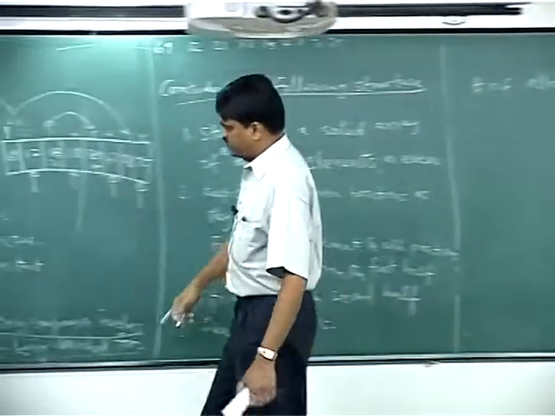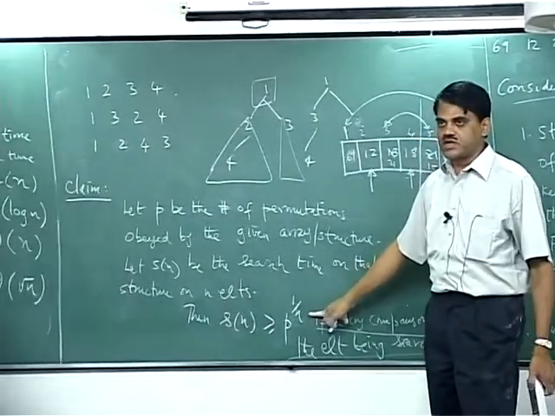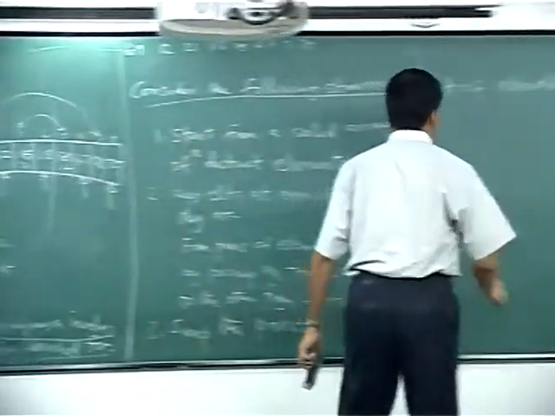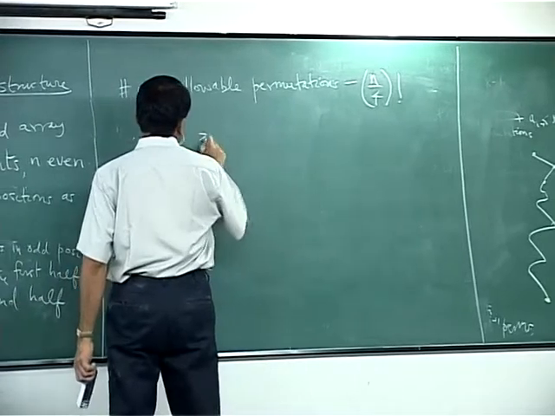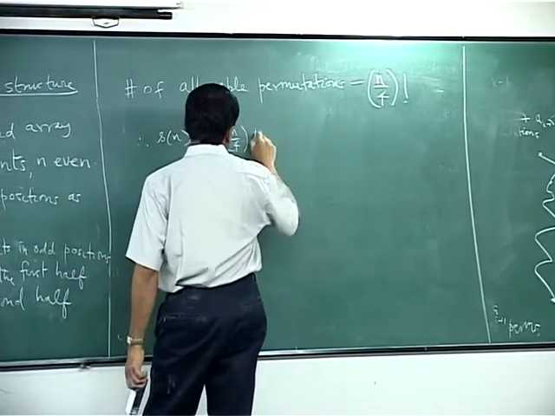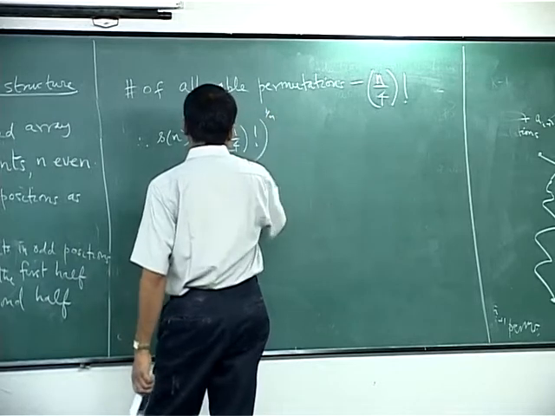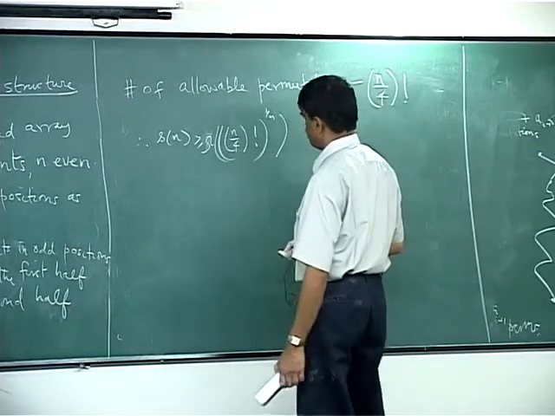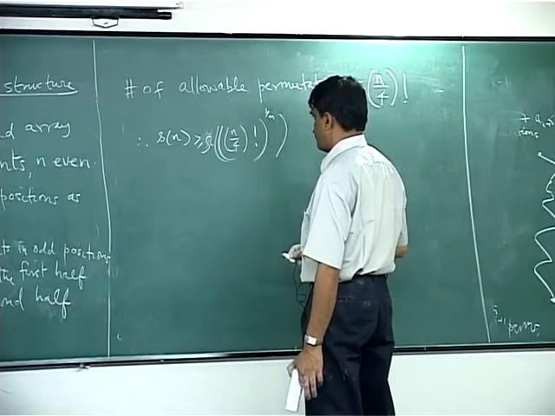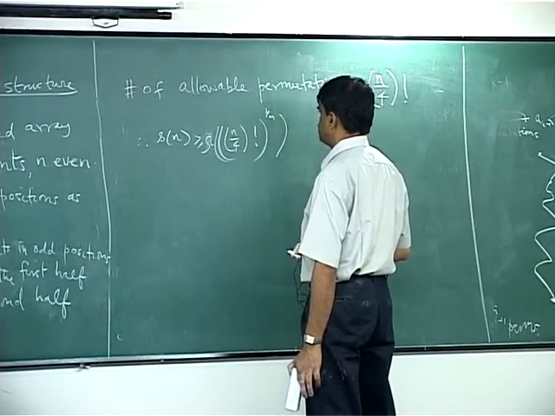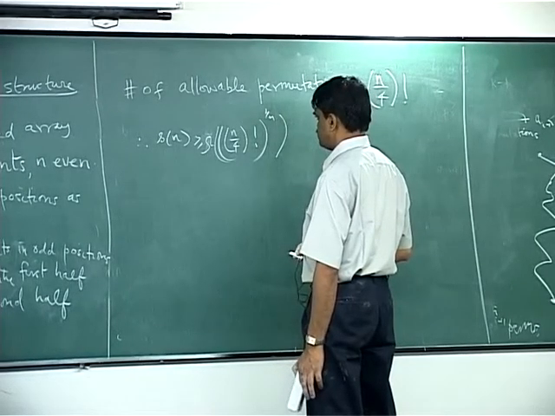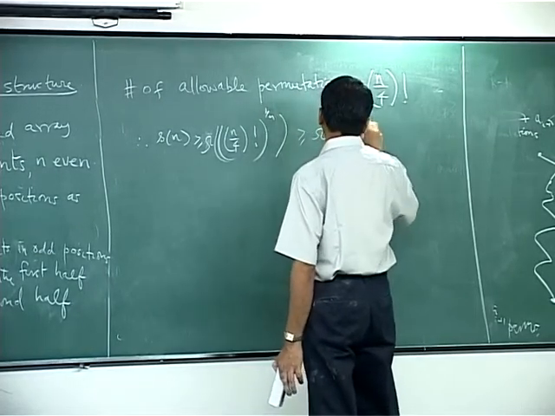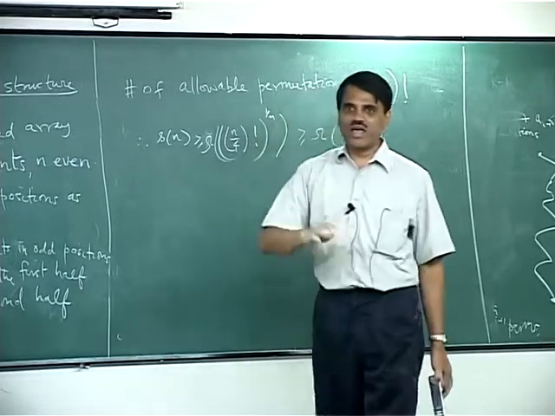So according to this search lower bound, the search time Sn would be n by 4 factorial power 1 by n, which is omega n power 1 by 4, as you can verify, because n by 4 factorial is more like n by 4 power n by 4.